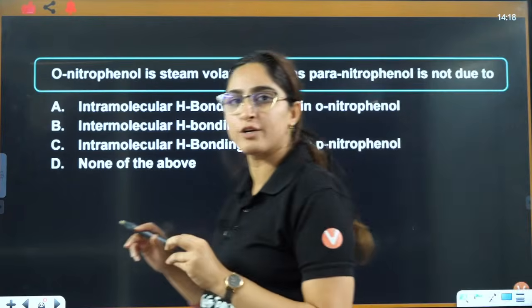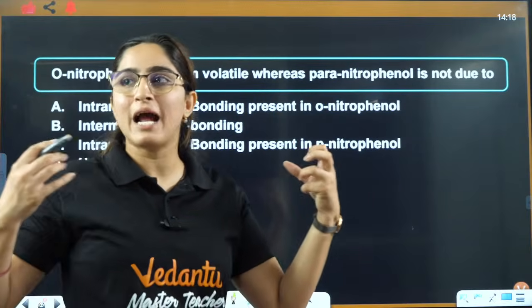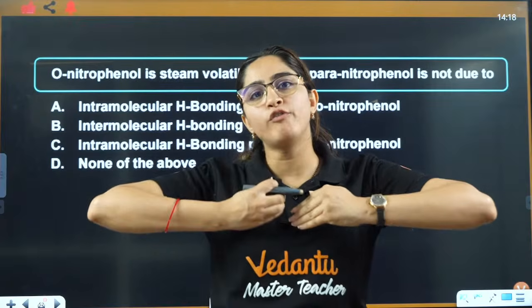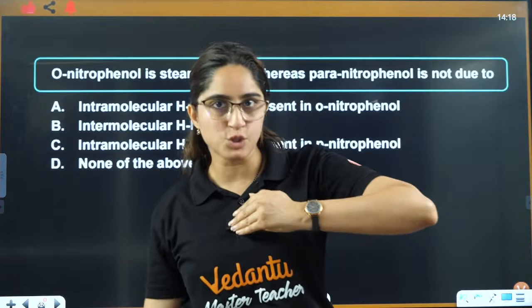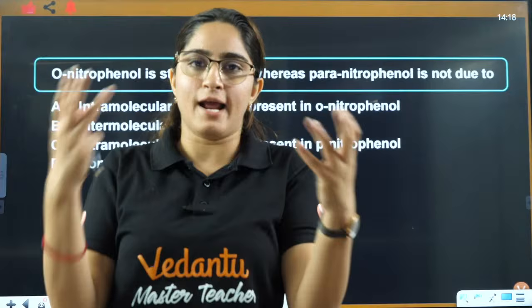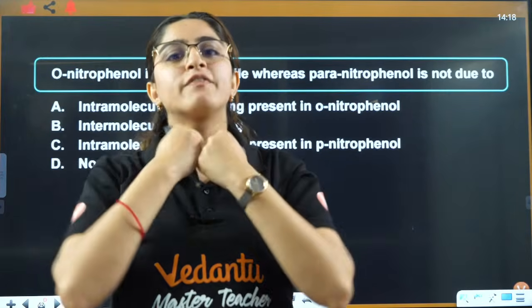Ortho-nitrophenol has intramolecular hydrogen bonding. Because of that, it is not able to form bonds with other molecules of the same kind. It is not forming any bond with other molecules; itself it is forming the bond.